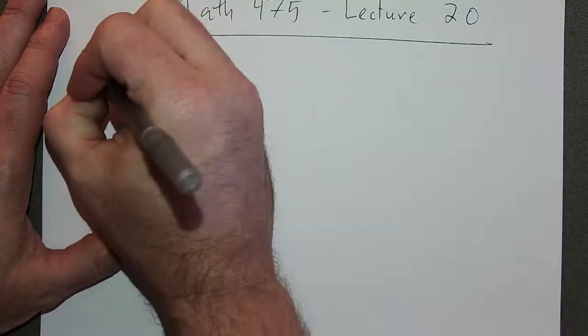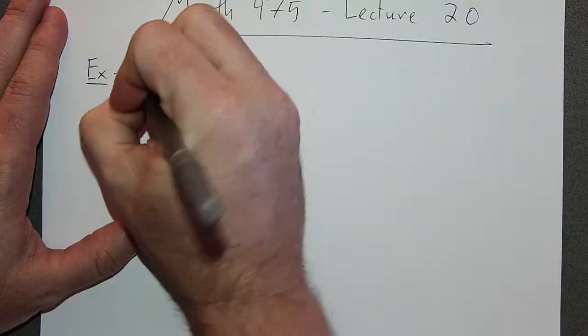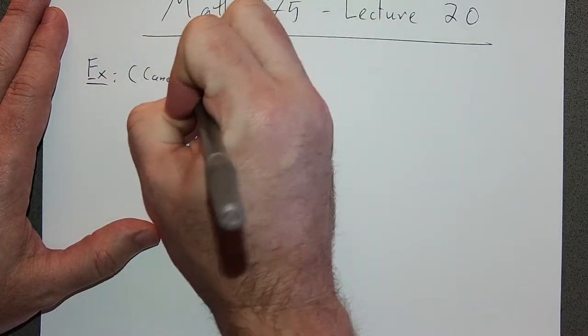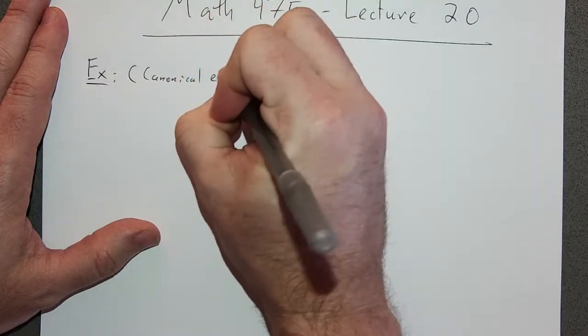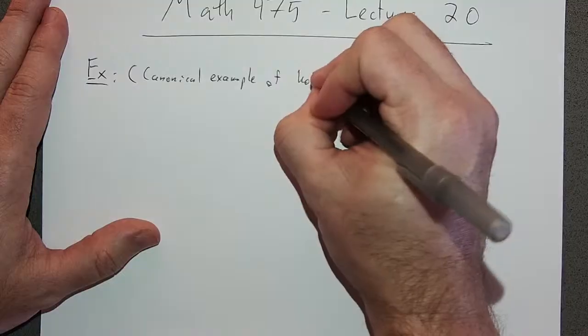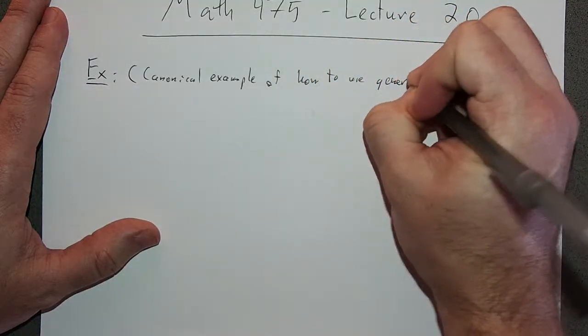So the first example, maybe call this the canonical example of how to use generating functions to count.